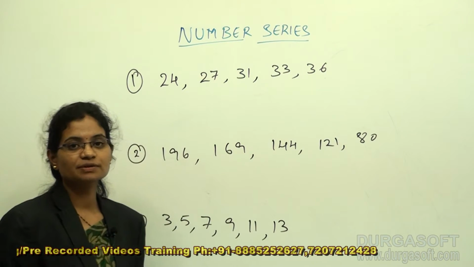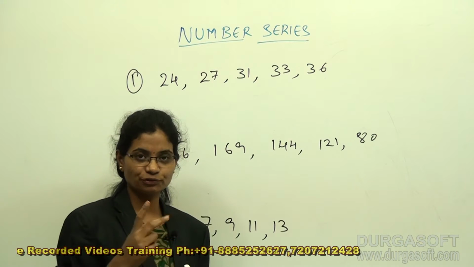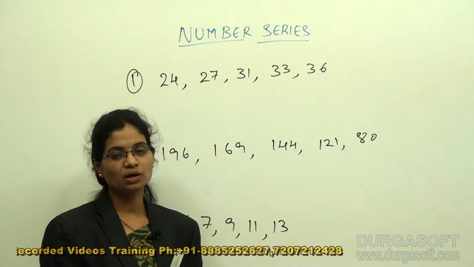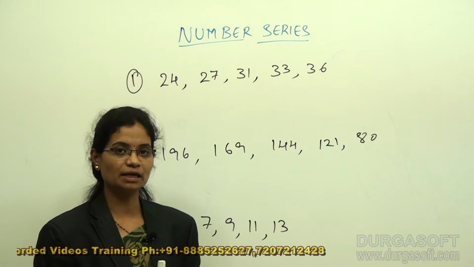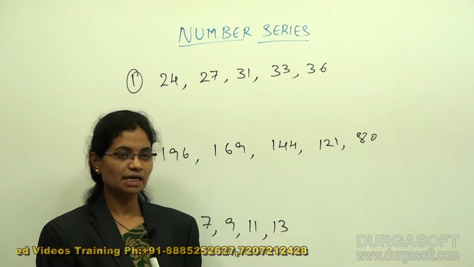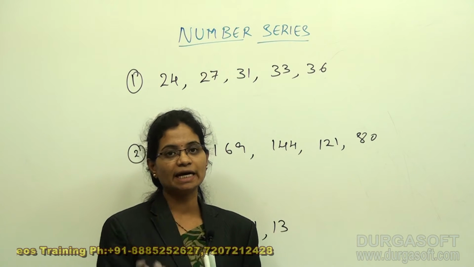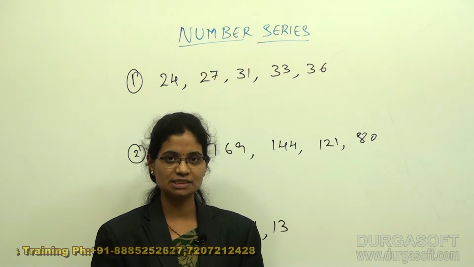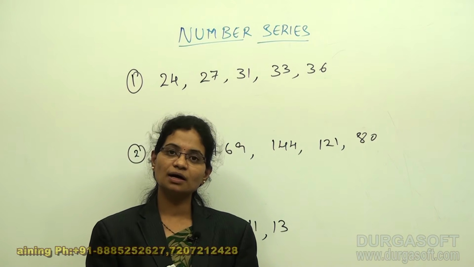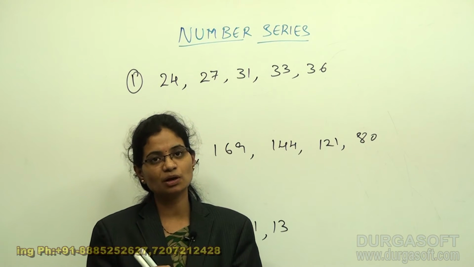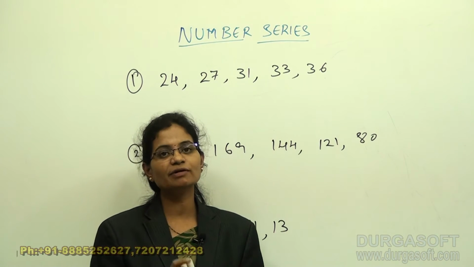In number series, we generally expect questions of two different types. One is odd man out and one is missing number. Odd man out in the sense, in a given series, there will be one number which is entirely disturbing the complete series. That is the number which is the odd man out in the series, and that will be your answer.